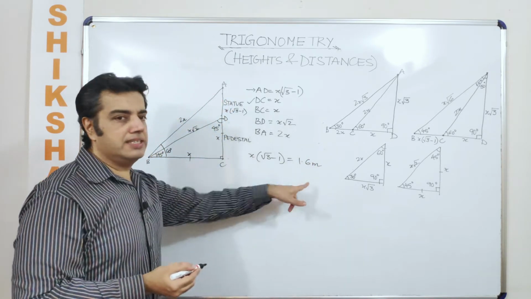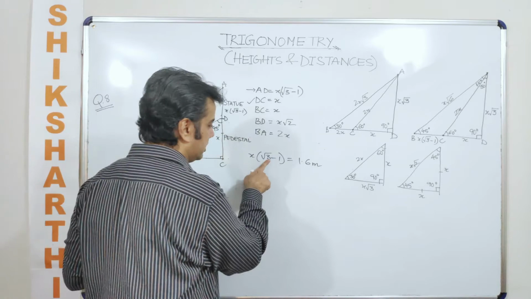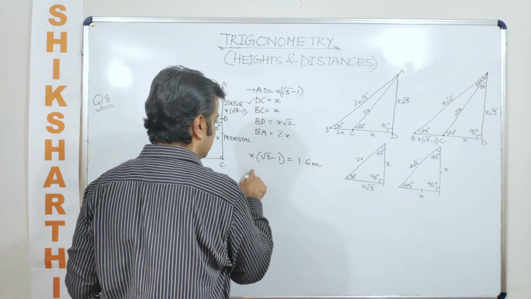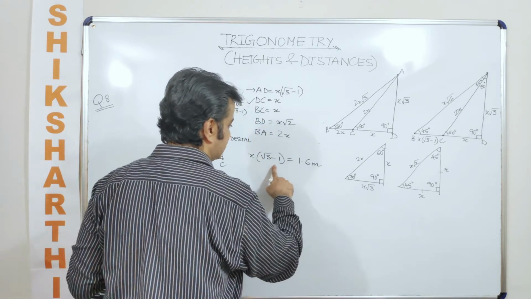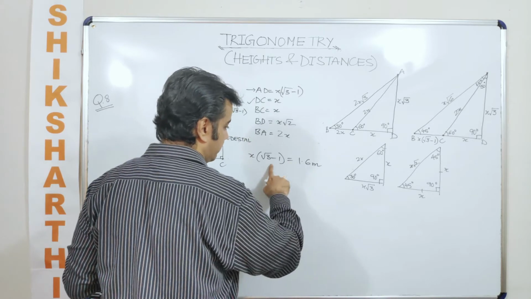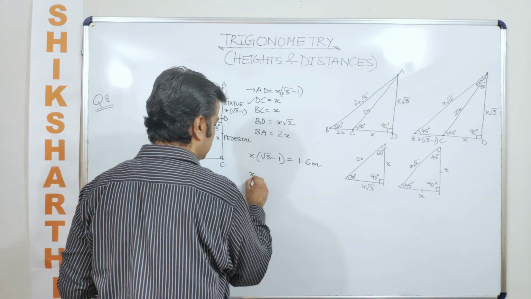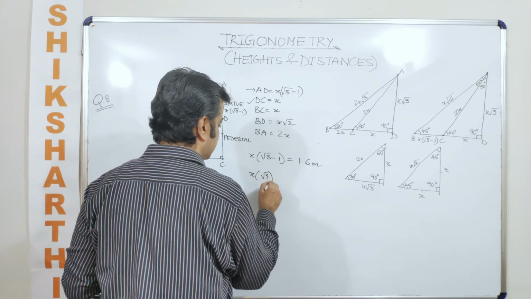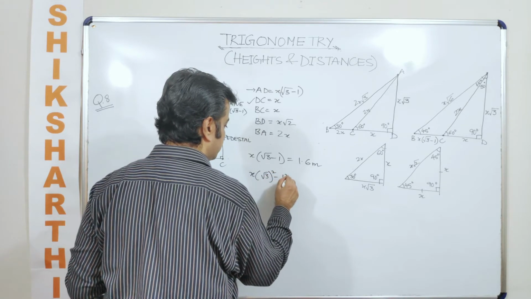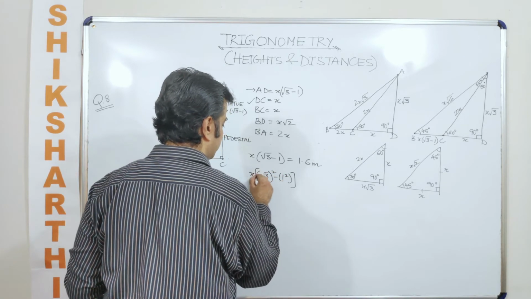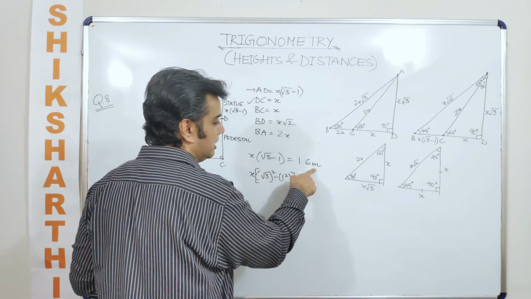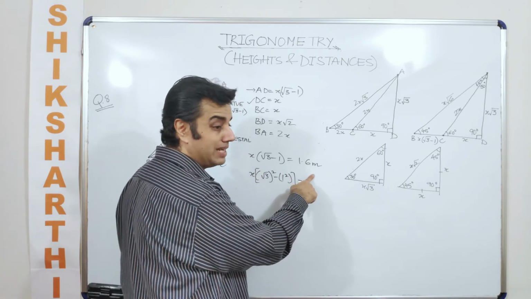Now rather than taking this in the denominator, I have to rationalize, because I know that this goes in the denominator only. So can I multiply both the sides by root 3 minus 1? Yes, when I do this, I get x times of, I'm sorry, you had to multiply both the sides with root 3 plus 1.